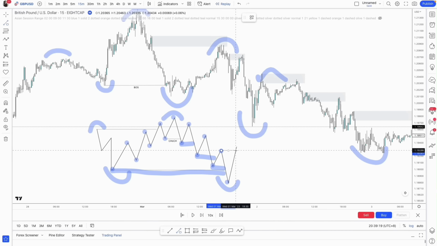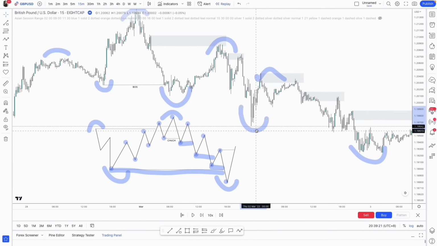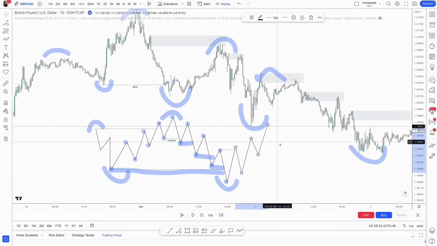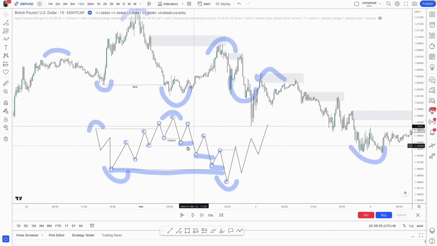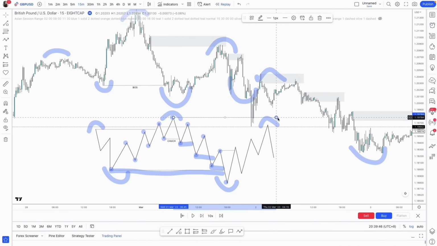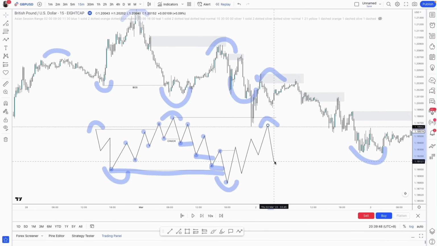Because that change of character internally right there is essentially the confirmation that the bearish external structure is going to have a pullback. So we have something like this, right? And as you can see, price swing structure doesn't break. It respects it because that is our external structure. And then price has what?